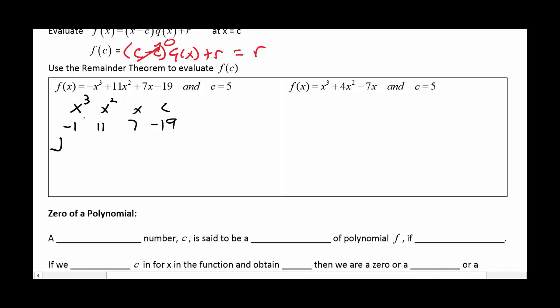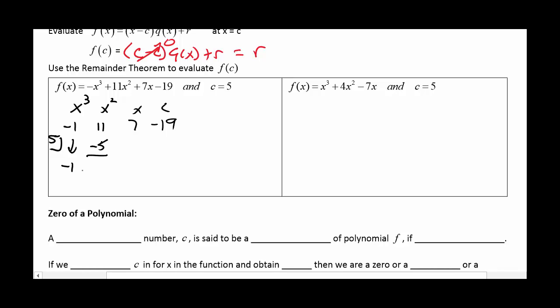Now, notice the form the number's in. Saying c is 5 means we're going to evaluate it, we're going to find f of 5, right? So f of 5 does not mean to switch the sign. That only happens if we're staring at the factored form. We're staring at the function form of the number. So I'm just going to synthetically divide at 5. Drop the -1 down.